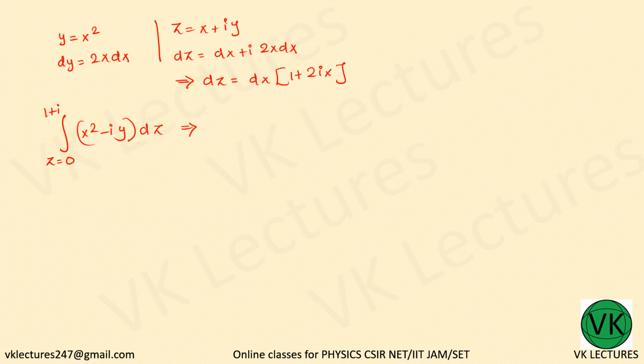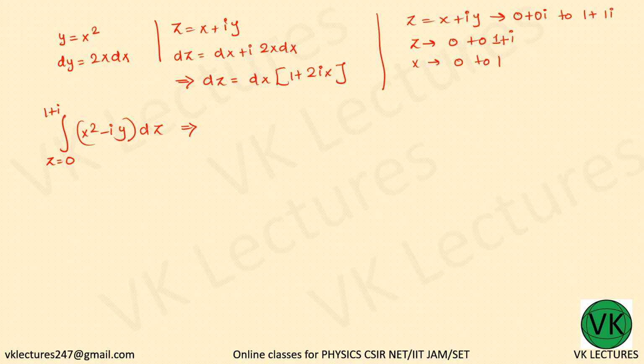Now we also know that z is equal to x plus iy, when z moves from 0 to 1 plus i, x is moving from 0 to 1, taking this as 0 plus 0i to 1 plus 1i.